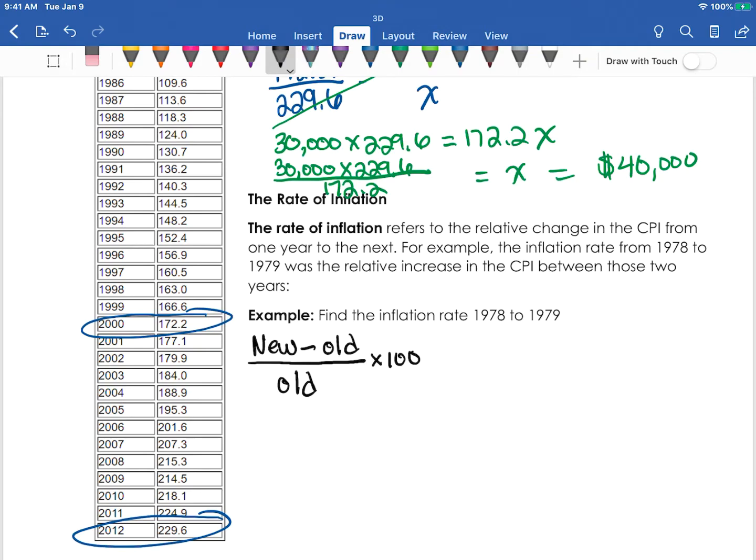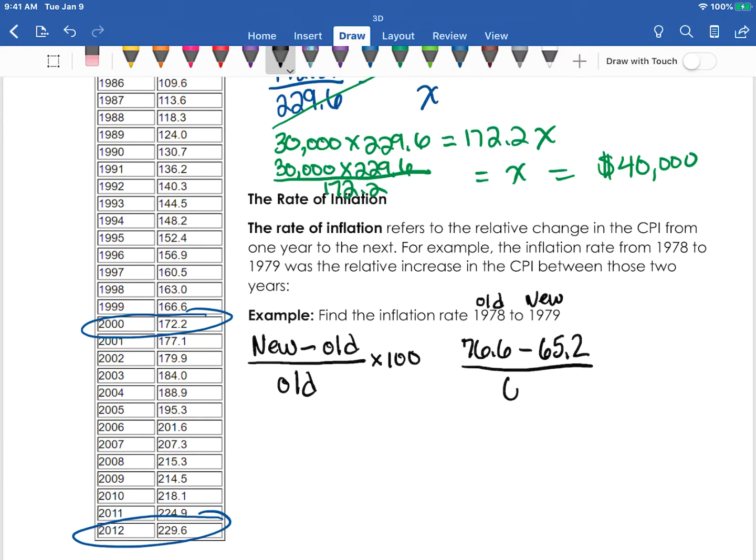So in terms of 1978 to 1979, the old value would be 1978, and the new value would be the CPI in 1979. So we're going to take the CPI of 1979. If you look up in the chart, you'll see that that's 72.6. We're going to subtract the old value, which is the CPI of 1978, which is 65.2.